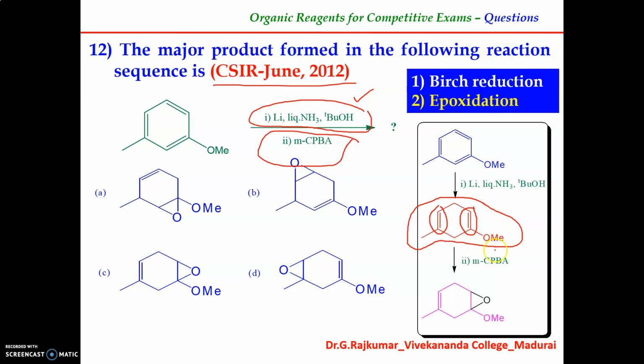The more electron rich one, because compared to the methyl group, methoxy groups are much more electron donating to this carbon-carbon double bond, and this is more electron rich, and this double bond can get epoxidized to give this product, and hence option C is the correct one.